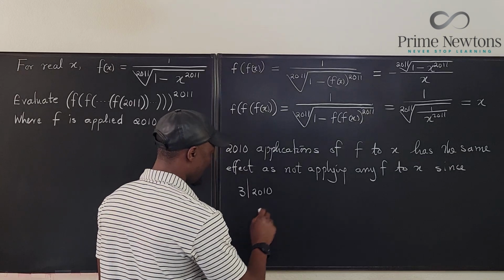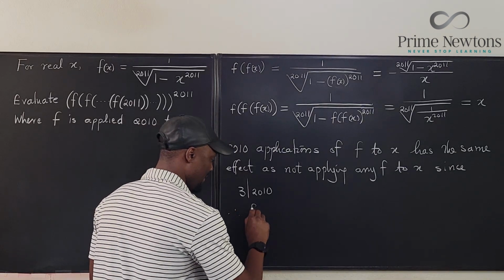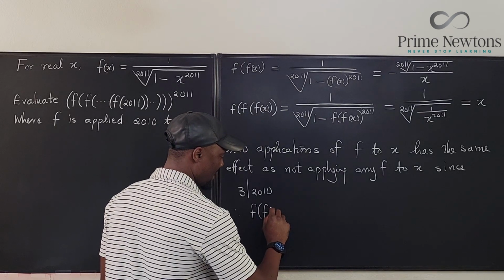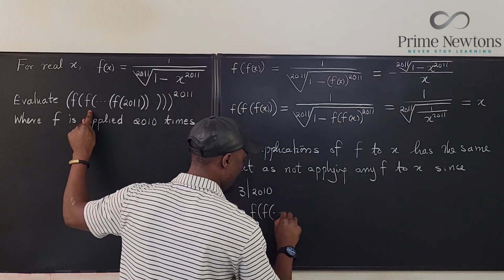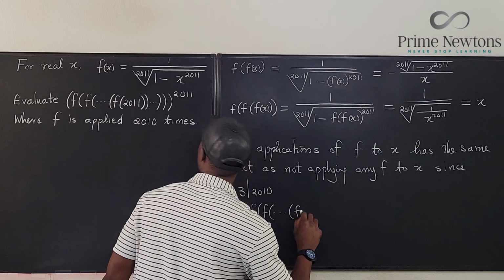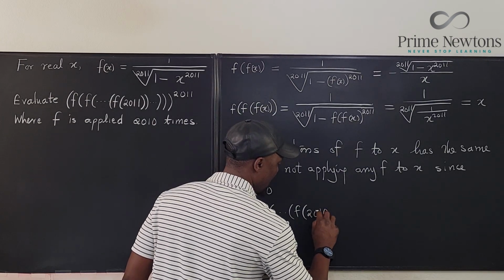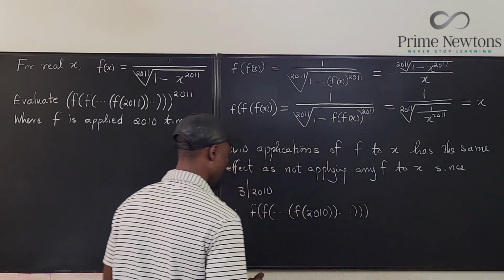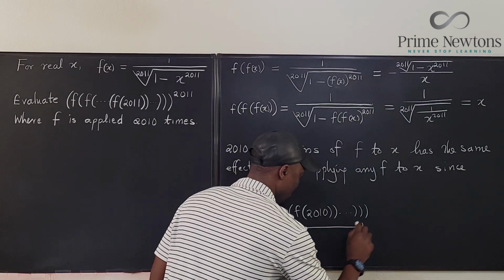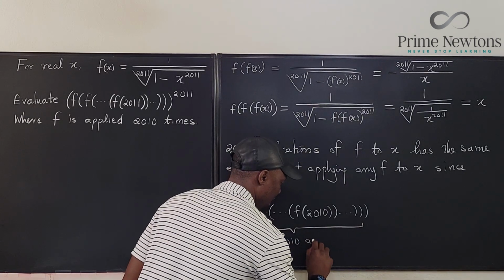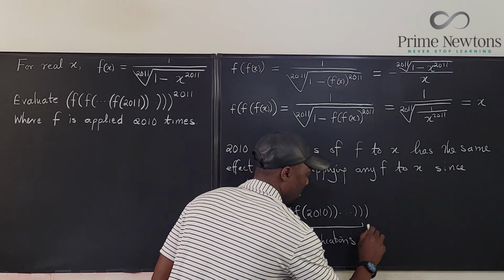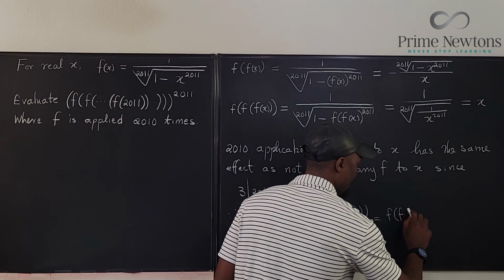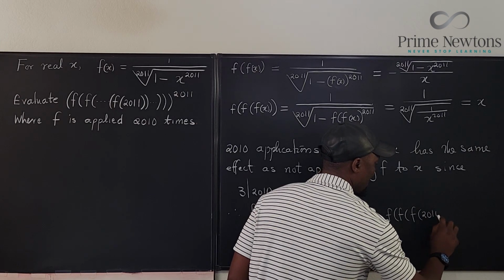So we can say that, therefore, the way we wrote it originally, we have f of x to the 2010, then we go 1, 2, 3, 1, 2, 3. 2010 applications is equal to f of f of f of x.